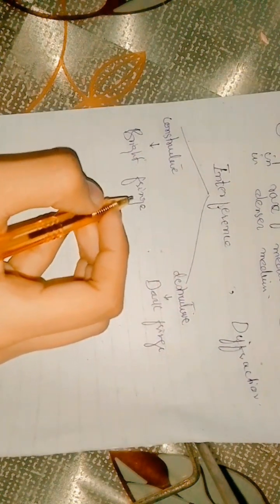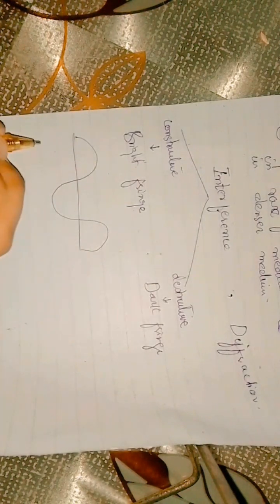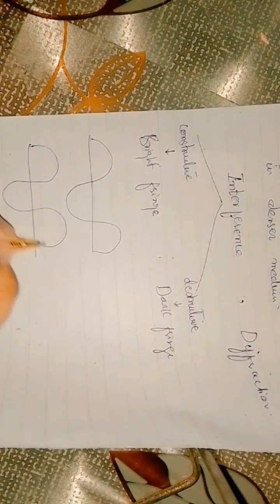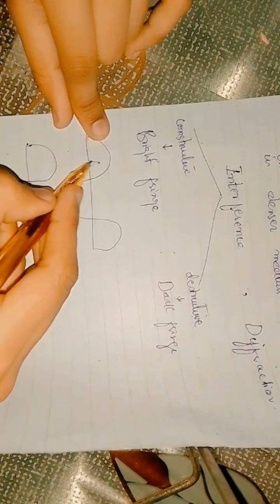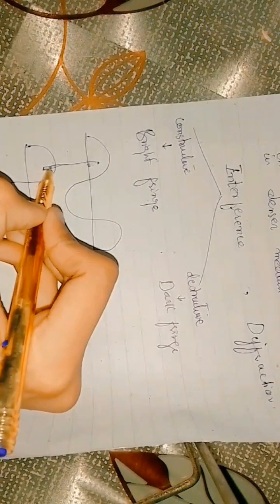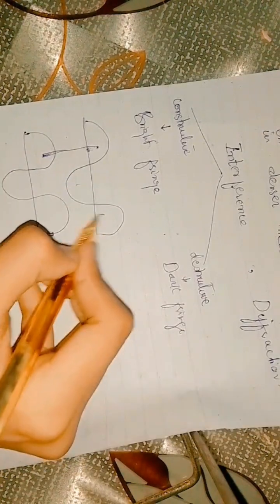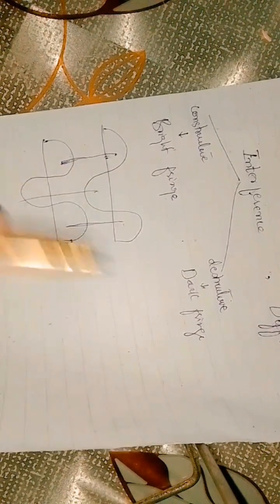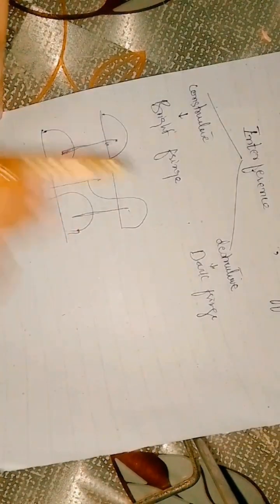Basically, constructive interference, for example, this is a wave, and this is another wave, but they are in the same sequence.